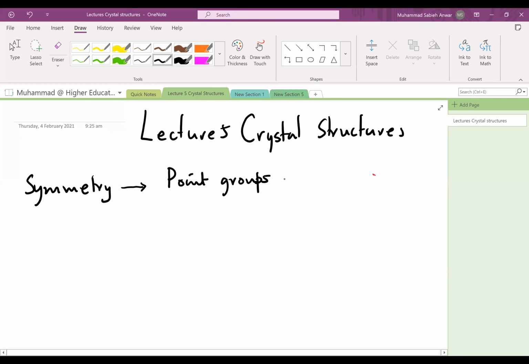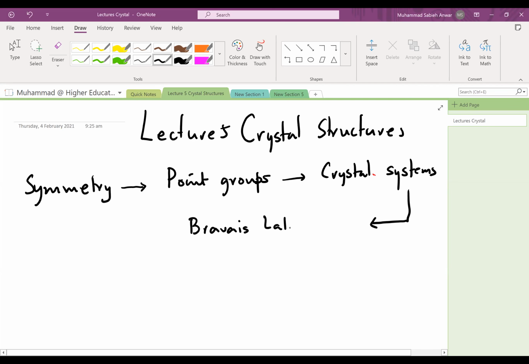From point groups, we've moved on to crystal systems. We've continued our journey and transitioned into the concept of Bravais lattices. And we've also motivated the concept of space groups.